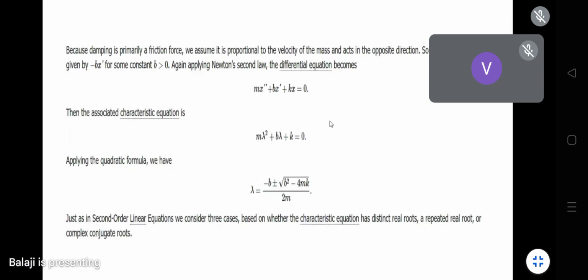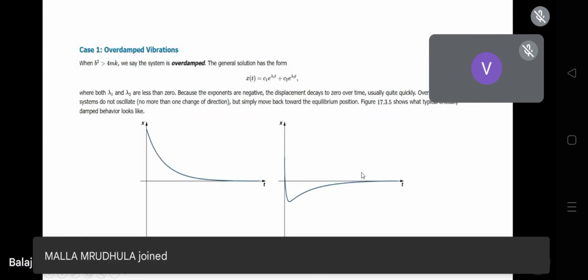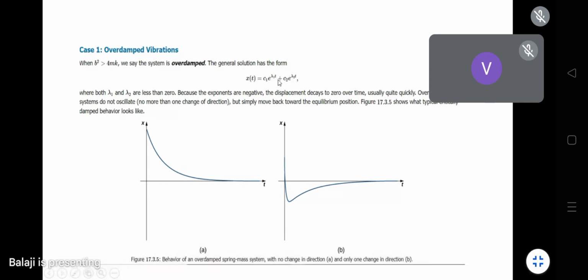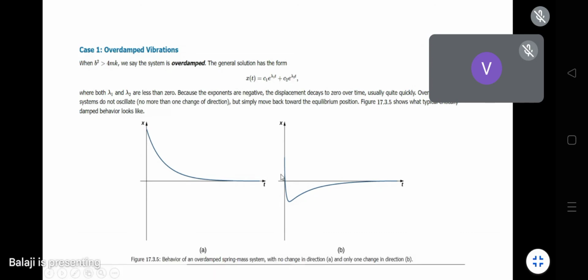Then the mass-spring system differential equation is mx double dash plus bx dash plus kx equal to 0. If you solve this quadratic equation, we get two different roots, one positive and one negative, and this is the solution. Graphs are here.